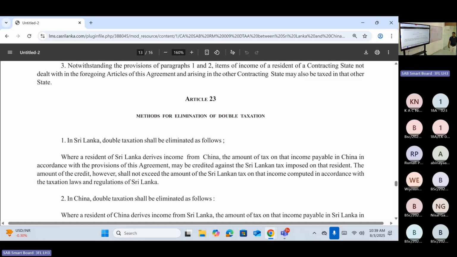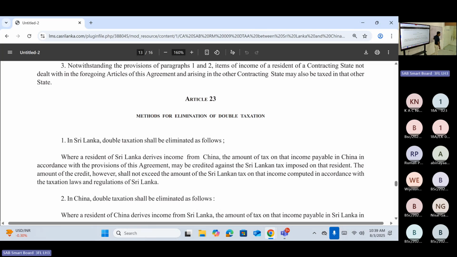Right? It says may be credited against Sri Lankan tax imposed on that resident. The amount of the credit, however, shall not exceed the amount of the Sri Lankan tax on that income. So, Sri Lanka tax is 30,000. The amount of tax credit is equal to the Sri Lankan tax exposure, the maximum you can get: 30,000.